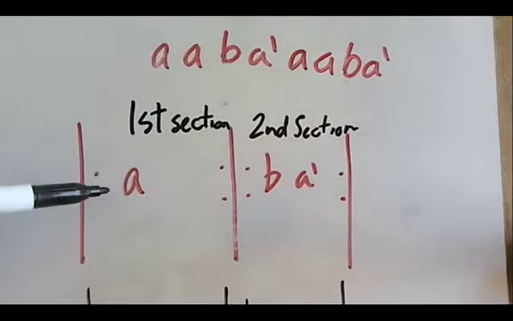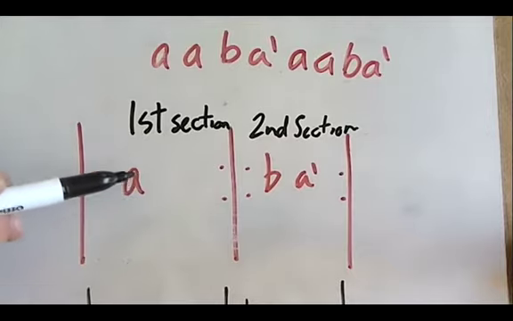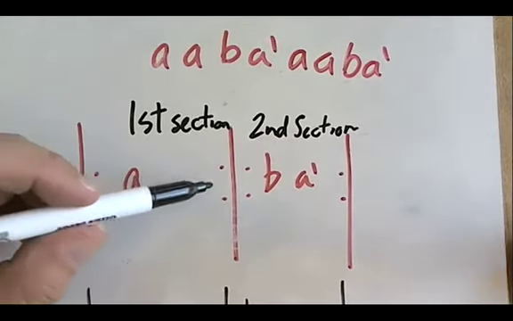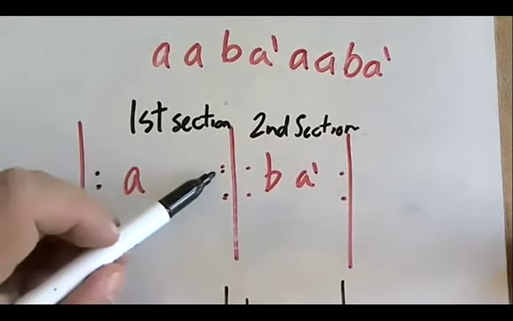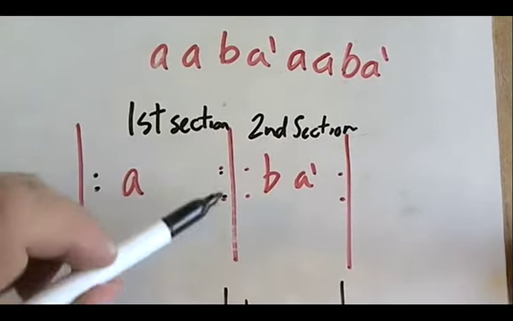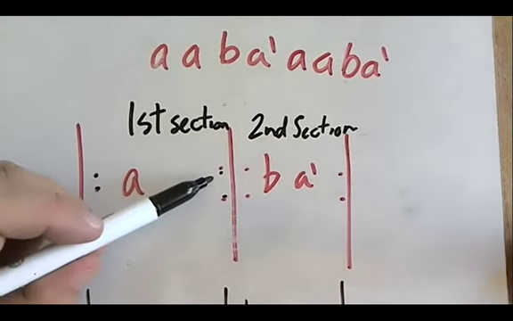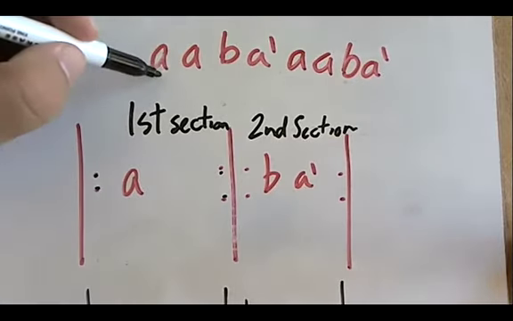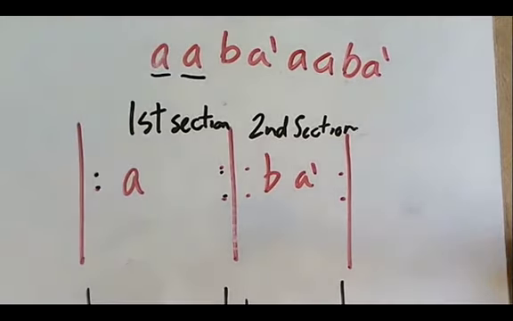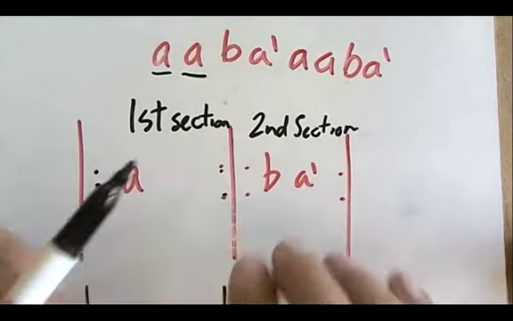What we would do is we'd have the A theme or material in the first section, and these dots in musical notation mean to repeat. So we would do the whole of the A or beginning half of the minuet. Then we go back and repeat it again, which is how you get A and A. Then we would do the second section.